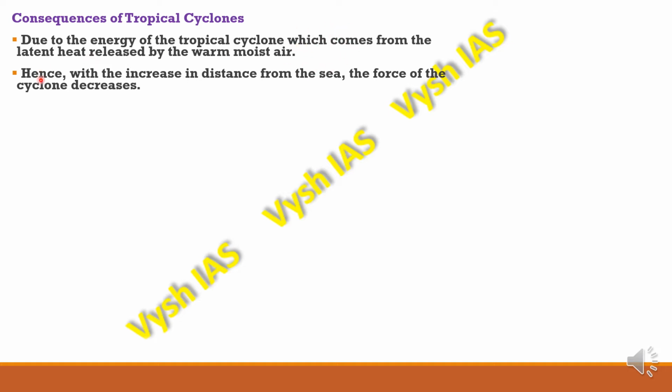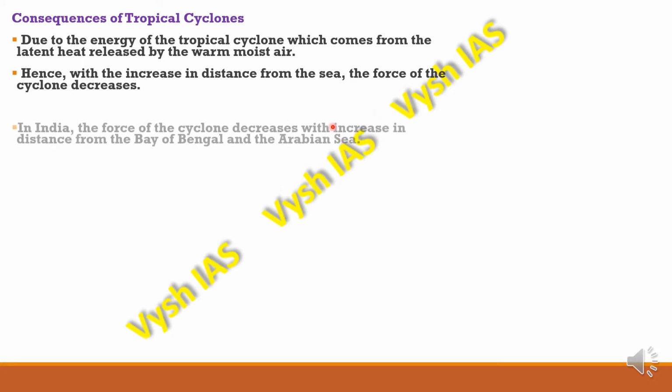So with the increase in the distance from the sea, how far away from the sea it is occurring, the force of the cyclone will decrease, because around the cyclone there will be this water body. So the dissipation of the wave will happen within no time. But when the cyclone occurs near the seashore or near the coastal areas, that time it becomes very bad.